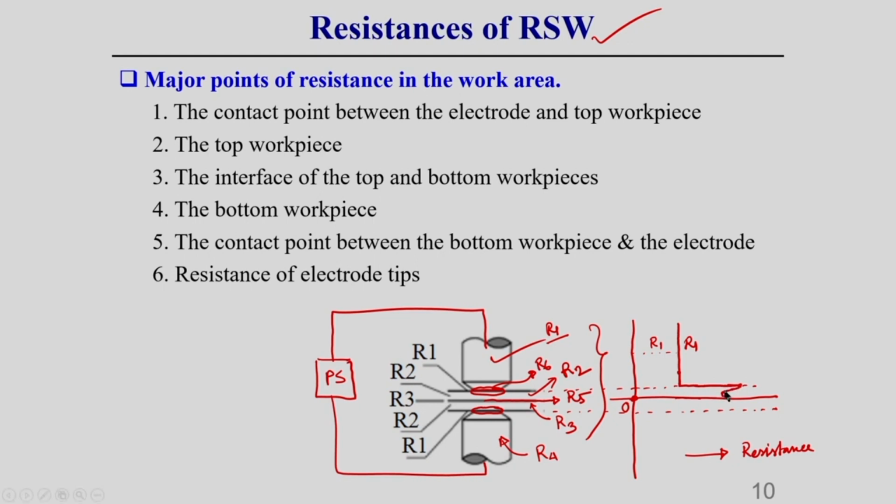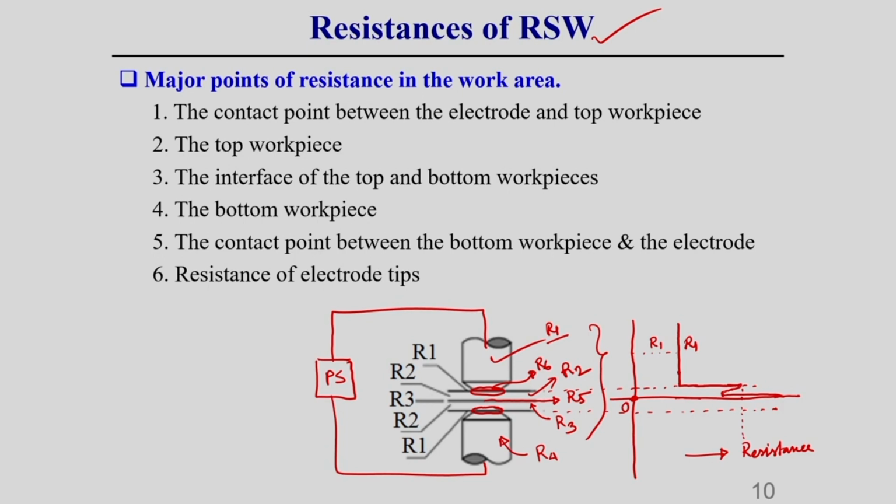Let us say the resistance is decreased a little bit, but once it comes to the contact region, at this point generally a sudden hike of resistance takes place. What I am telling, understand? So, this is R1, and this is R1 plus R6 due to this contact point.